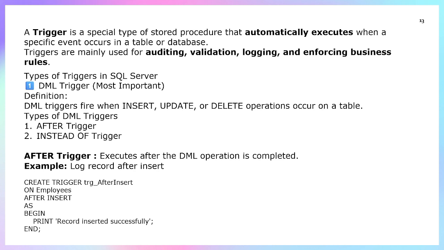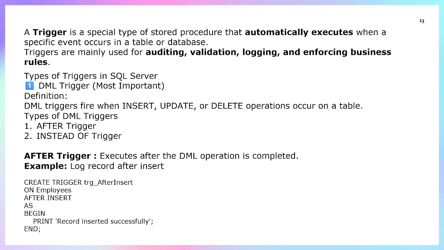For example, for an after trigger, we create a trigger after insert, meaning we insert something into the table and after that this trigger will perform. How do we create it? We can right-click on the table and from there we have an option in the UI where you can click and create a trigger. But apart from this, you can write it like this as well: create trigger, the name, then on the table on which you want to create it.